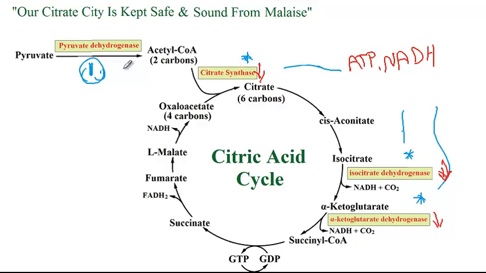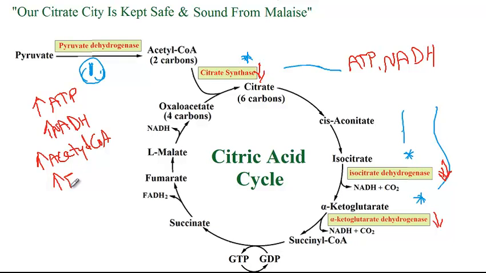Likewise, for pyruvate dehydrogenase, if we have high ATP, high NADH, or high acetyl coenzyme A, or high fatty acids, because acetyl coenzyme A can be converted to fatty acids, then again the rate of pyruvate dehydrogenase will be decreased.